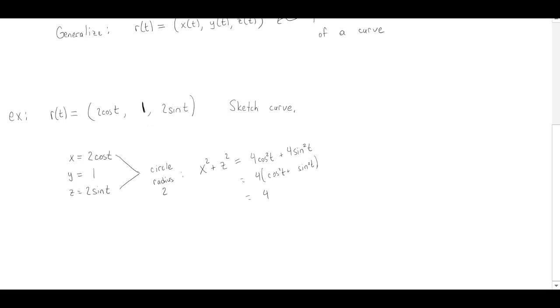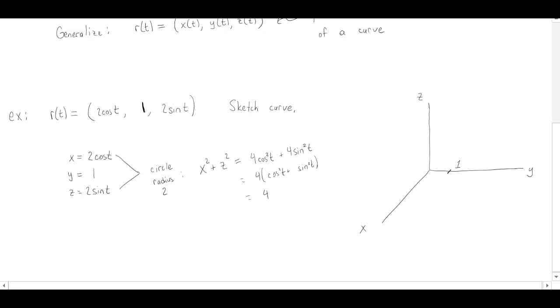Now, however, we have y equal to 1, so what does that tell us? Here's y equal to 1, for instance, okay? So x squared plus z squared equals 4 would be a circle in the xz plane.